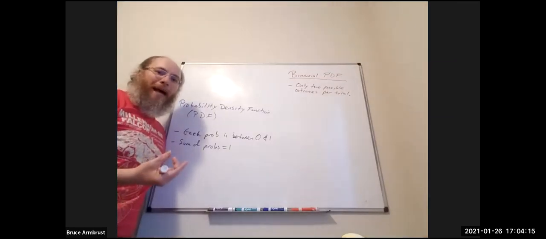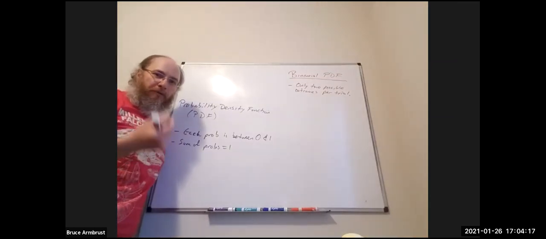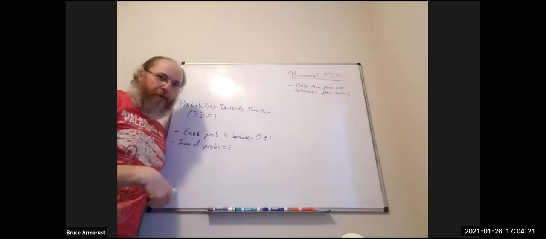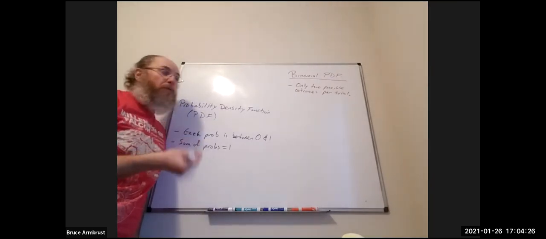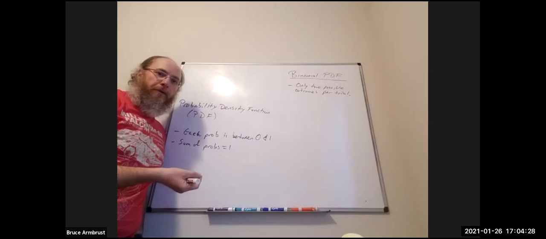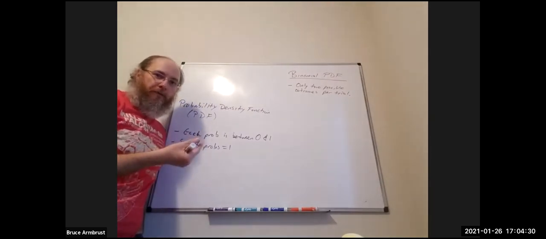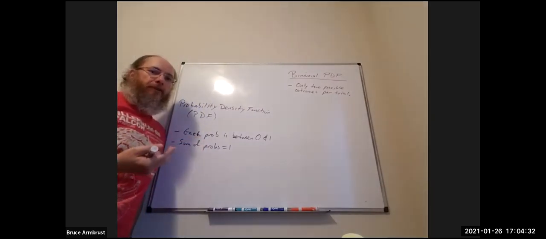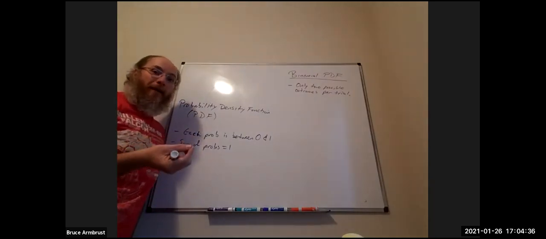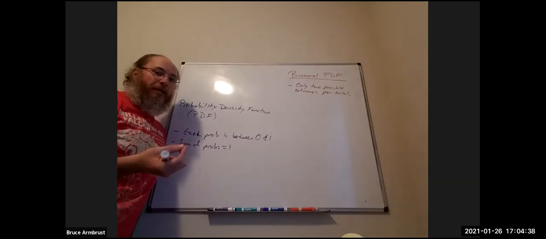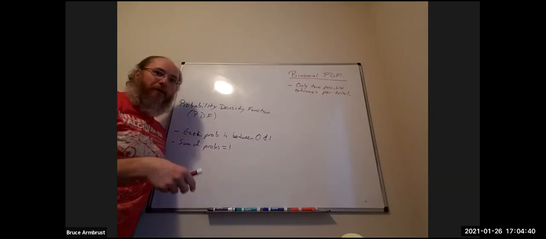That's why it's called binomial. Bi is a prefix for 2. Think about biplane, biped, bisexual. Bi means 2. So binomial, 2 options. These are the kinds of things where it's yes or no. You go ask somebody a question, and if that question can be responded to as yes or no, it's binomial.